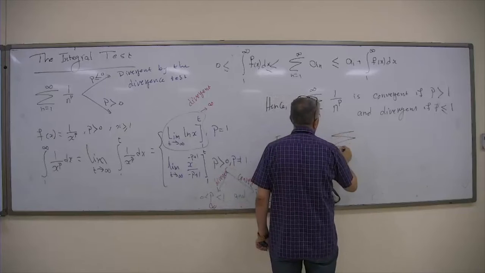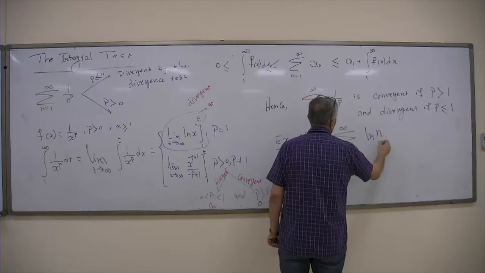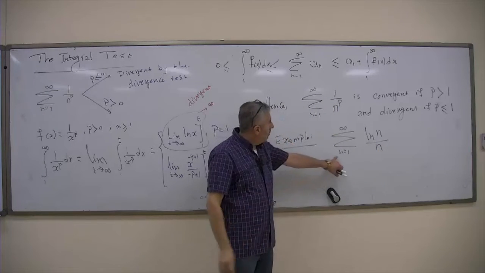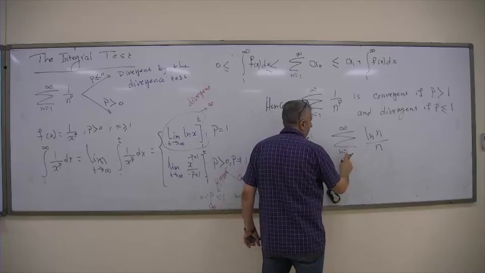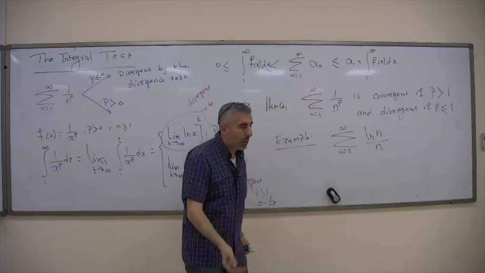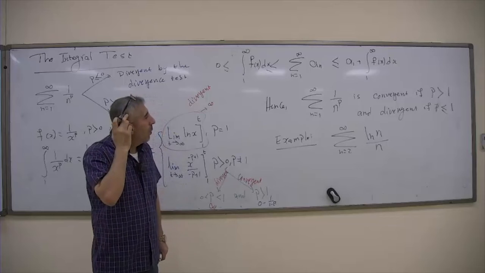Summation n from 1 to infinity of ln n over n. Well, whether to start from 1 or 2, because at 1 it is 0, so basically I can start from 2 here. It doesn't hurt to start from 1, but it is useless. All right, is this convergent or divergent?